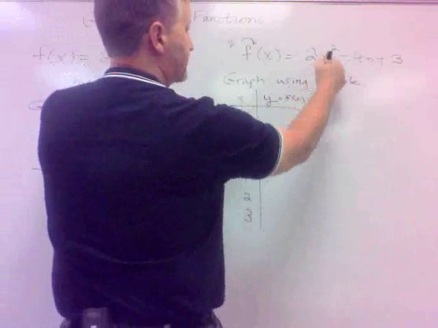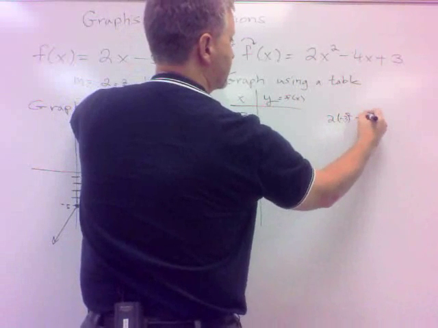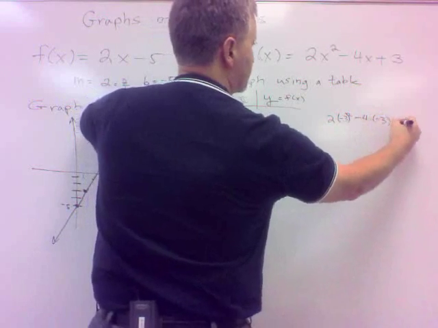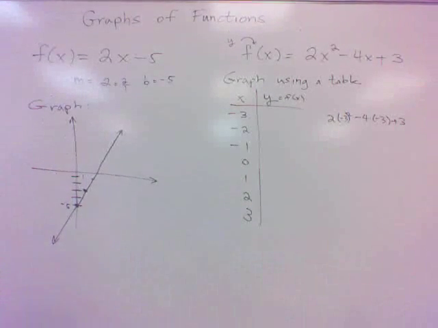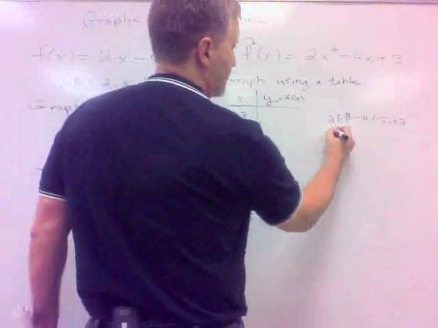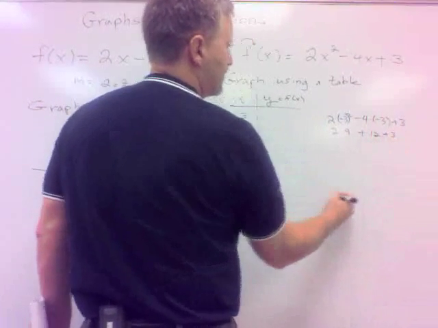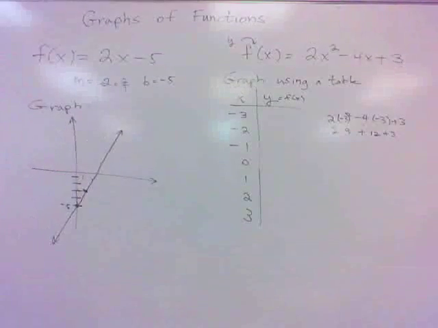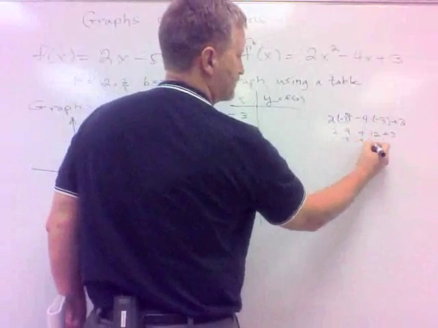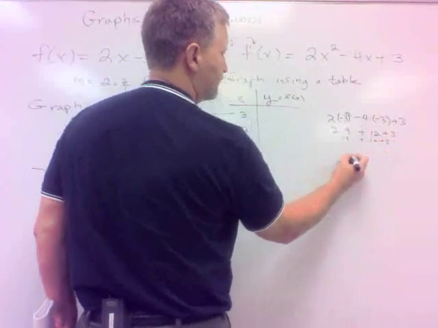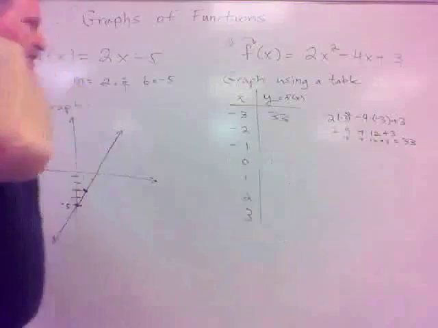So the y value is just going to be, plug in -3, and see what that'll give us. That'll be 2 times 9 plus 12, plus 3. So that's a pretty big one. That's 18, 12, and 3, 33. Does that sound right? 33 for the negative 3.